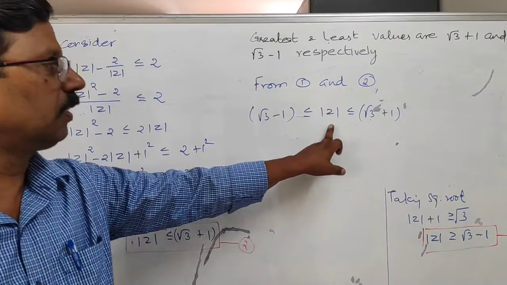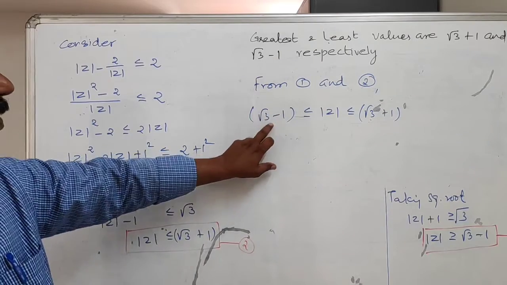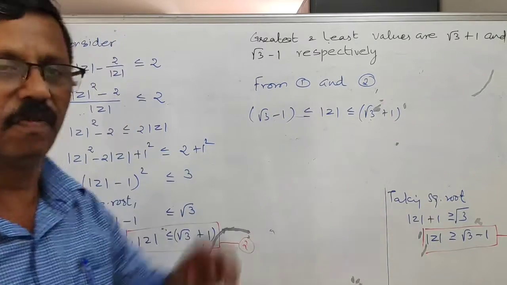Therefore |z| lies between these two values. Therefore this will be the least value and this will be the greatest value.